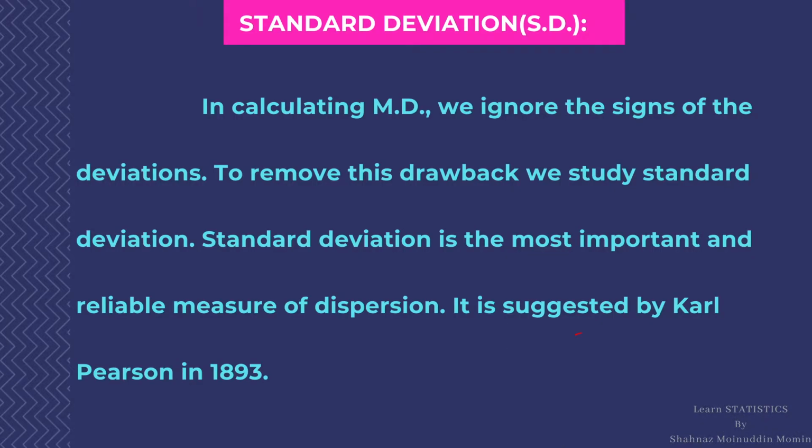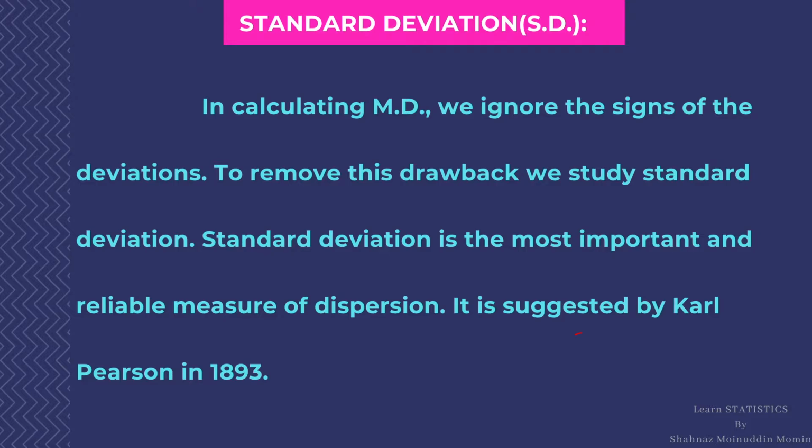In the previous lectures, we have already learned the measures of dispersion. For example, first we learned the range, then quartile deviation. The range is calculated by using only the smallest and the largest value, and it ignores all the remaining values of the given data.